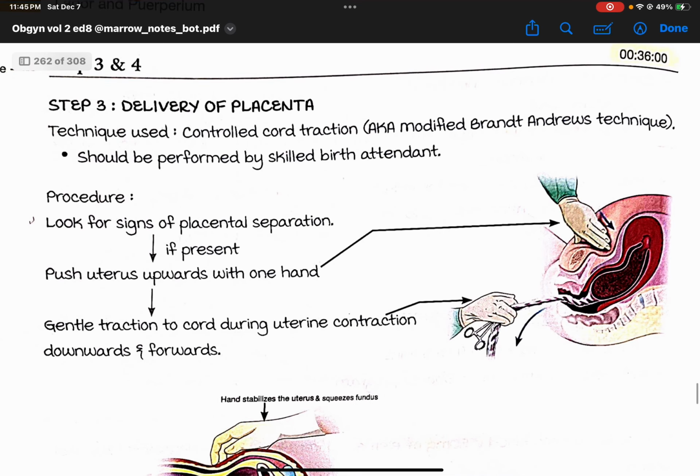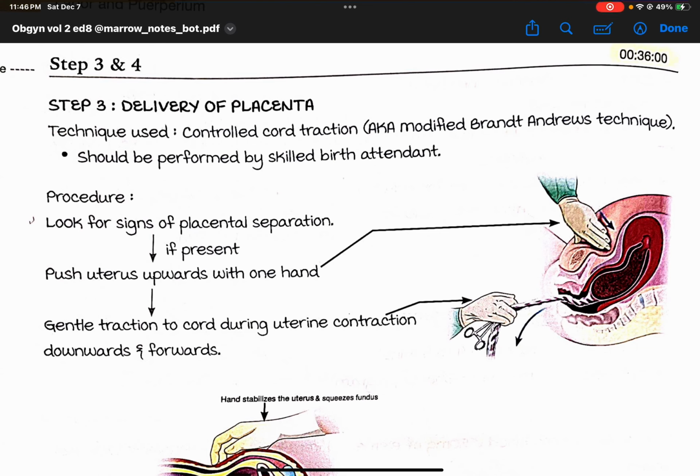Step 3: delivery of the placenta. Technique: use controlled cord traction, also known as the modified Brandt-Andrews technique, which should be performed by a skilled birth attendant. Look for signs of placental separation.